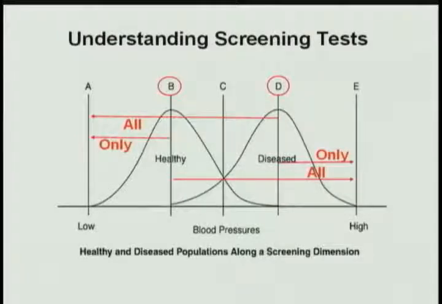Sensitivity with negative predictive value, specificity with positive predictive value. When I have all the diseased people, all I'm left with for residual is healthy people. Sensitivity with negative predictive value. When I have all the healthy people, specificity, all I'm left with is diseased people, positive predictive value.